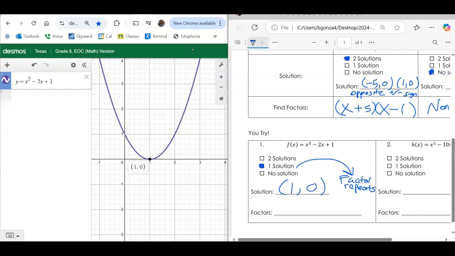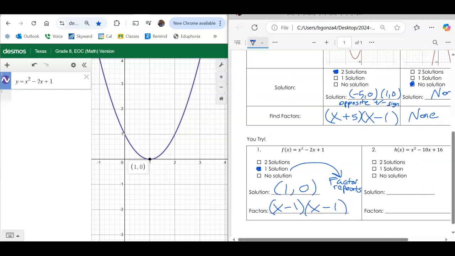Well, if the solution is +1, my factor is going to be -1. And since there's not another solution, I'm going to repeat it because I have to have 2 factors. So if I only have 1 solution, but I need 2 factors, I write that 1 solution twice. That's the tricky trick when there's 1 solution, right?